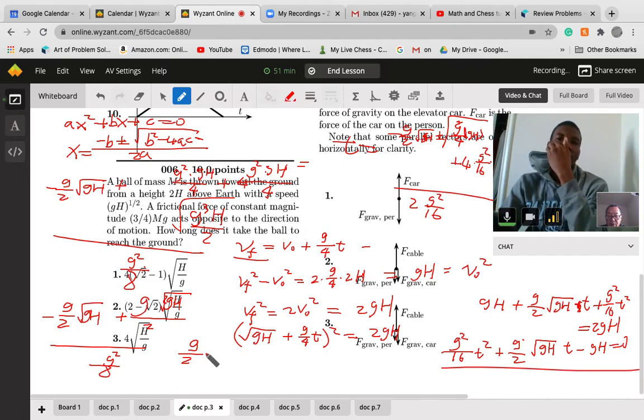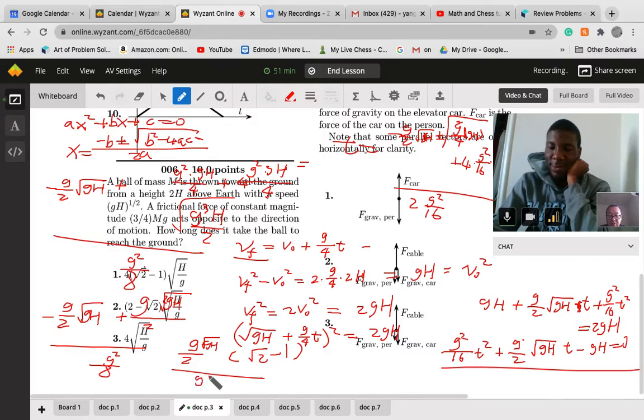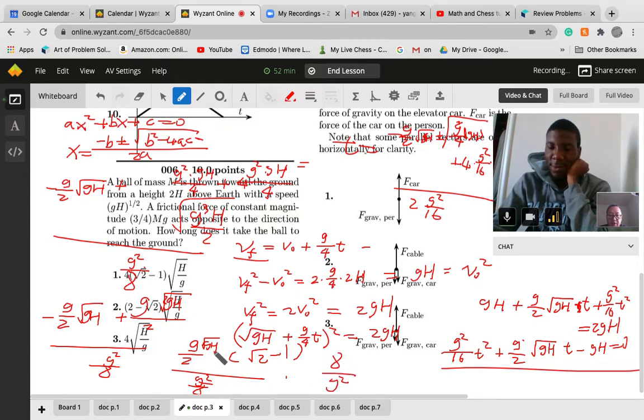That will be take gh out. Then this one will be root 2 minus 1. Then divided by g squared over 8. So that means times 8 over g squared. So this one cancels out with this. This one cancels out this, got a 4.